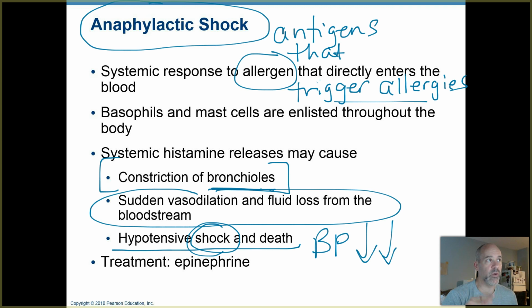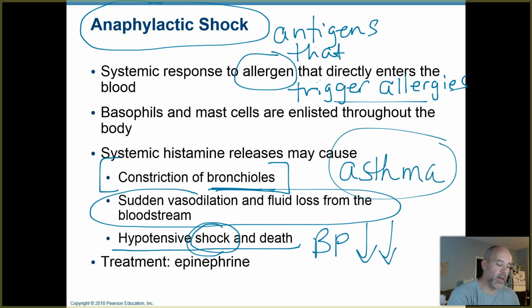But in the case when you're going into anaphylactic shock, this can be occurring in both lungs at the same time everywhere, and it can prevent you from breathing, which is another thing that may wind up killing you. This is what occurs in people who have severe cases of asthma as well.